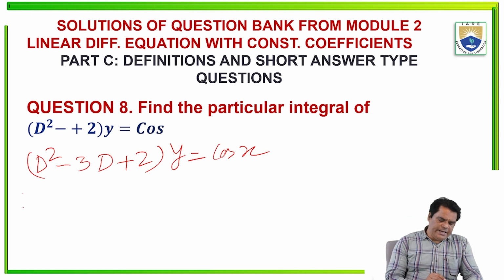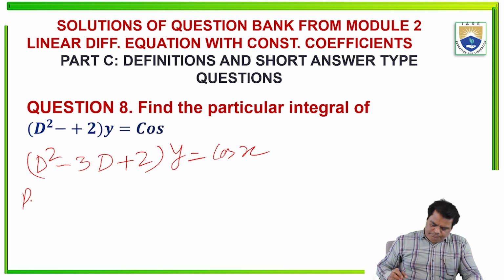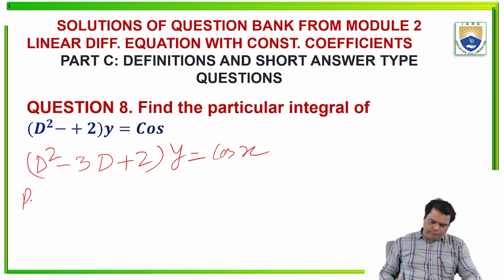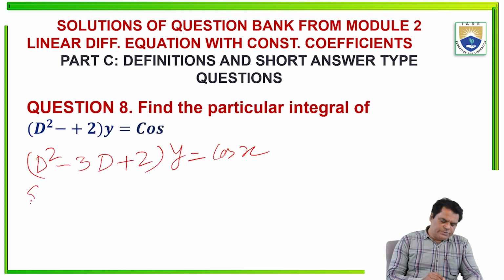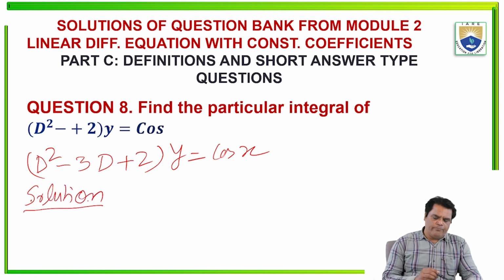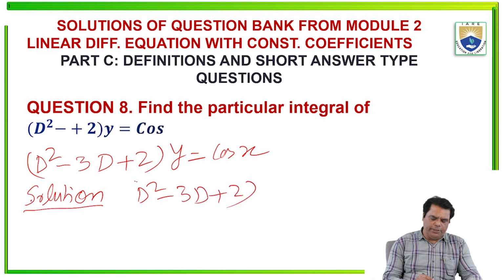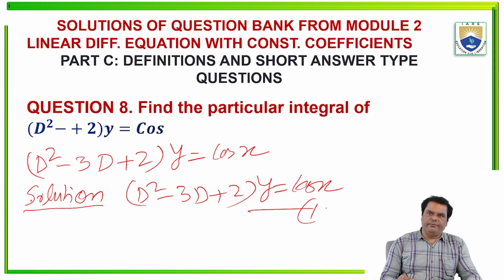So here is the solution. D square minus 3D plus 2 into y is equal to cos x. Okay, this is equation 1.